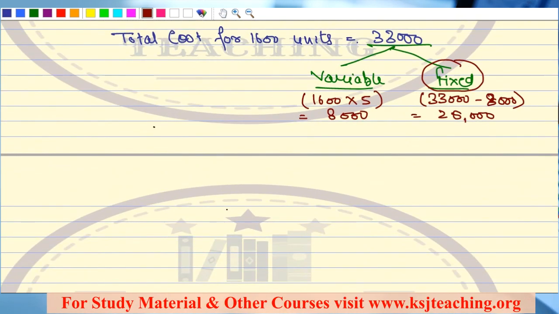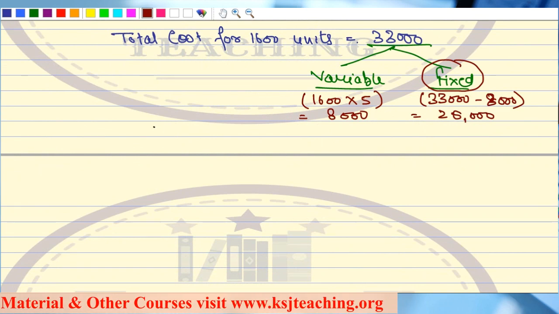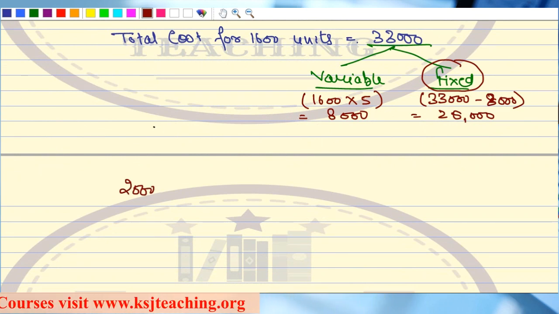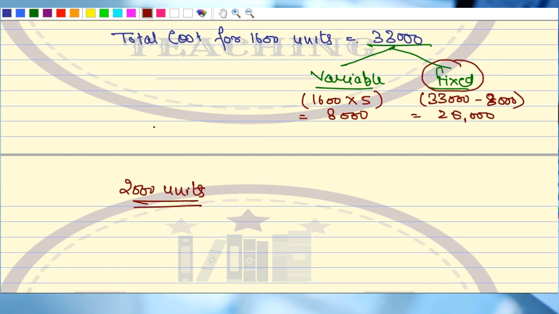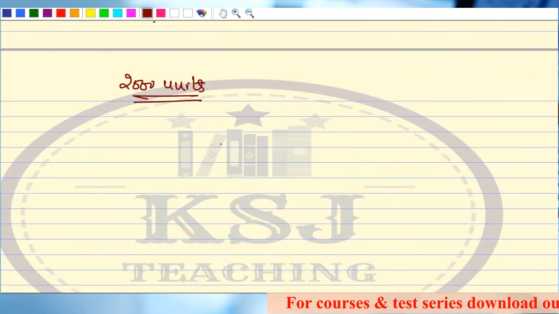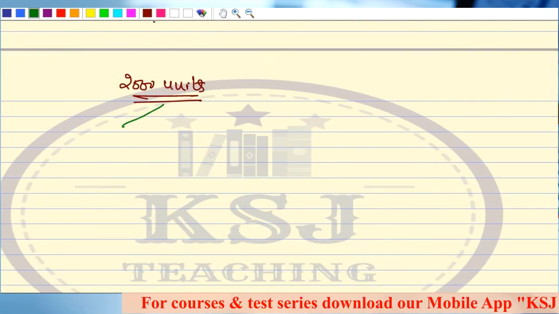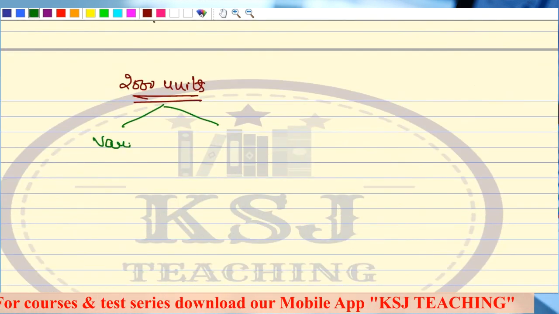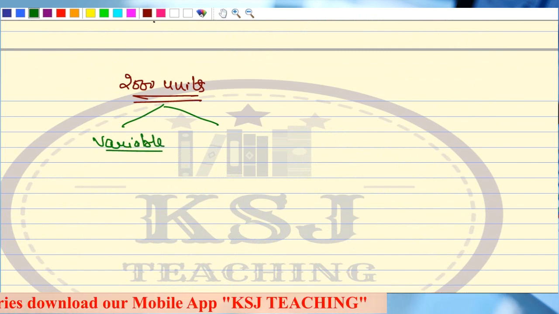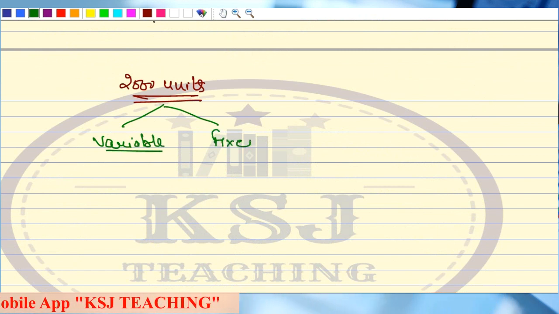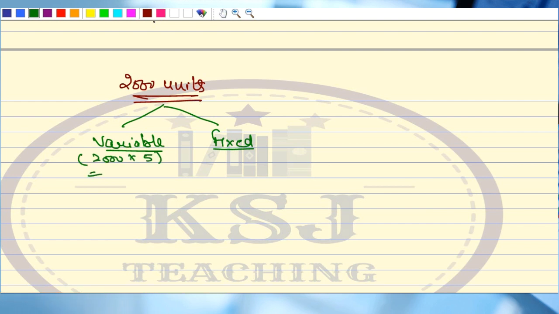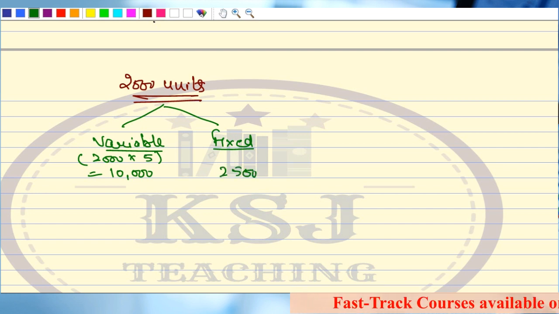Now coming to it, we have to calculate it for 2000 units. What will happen for 2000 units? Again, 2000 units will have 2 components: one is variable and the other is fixed. What is going to be the variable cost? 2000 multiplied by 5, that is 10,000. And what is going to be the fixed part? 25,000 as calculated.